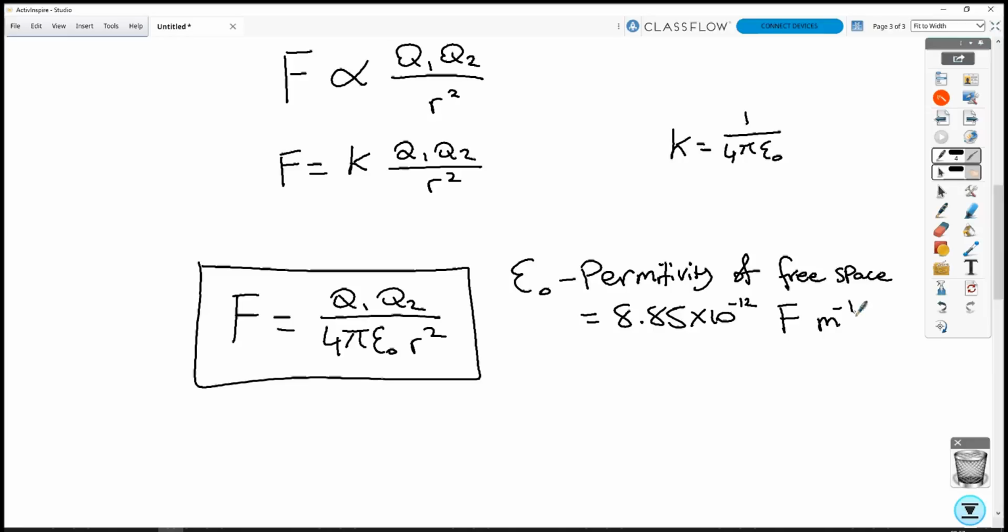So permittivity of free space relates to how easy it is, or relates to the electric field component of EM waves in a vacuum. And you have another one called the permeability of free space, which relates to the magnetic field component.